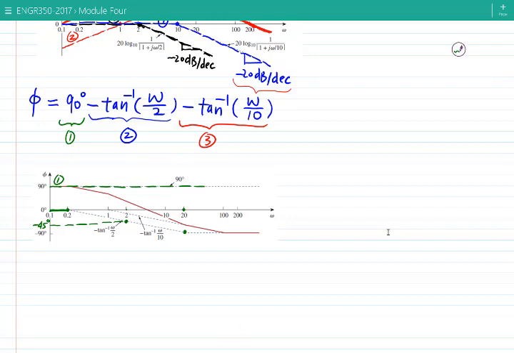So when the frequency is really large, we have minus 90 degrees. So we can connect them.